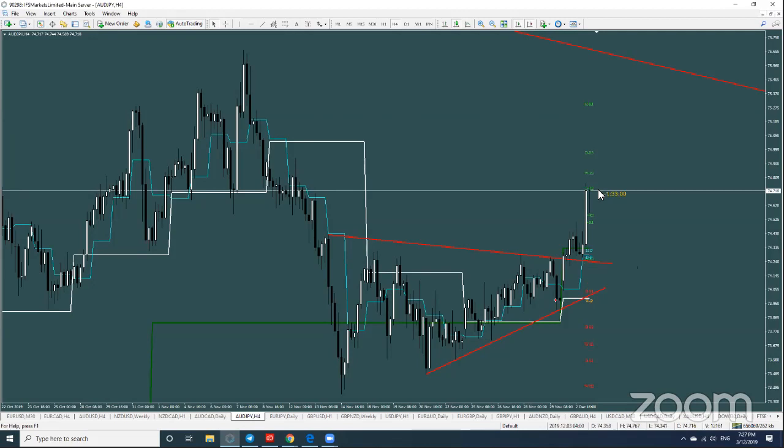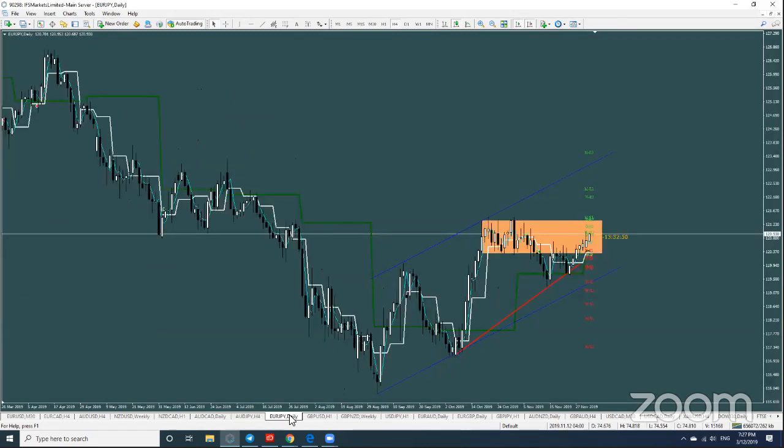And same applies. I've now got to wait for some form of reversal before I can trade that, or indeed a retracement back to maybe a higher low or something of that nature. This is the last one I'm going to have a look at, guys.